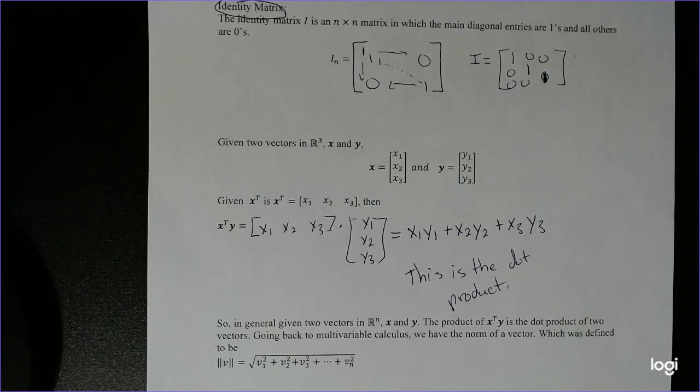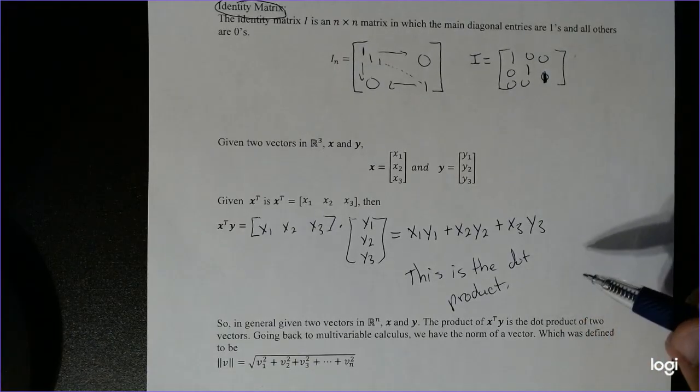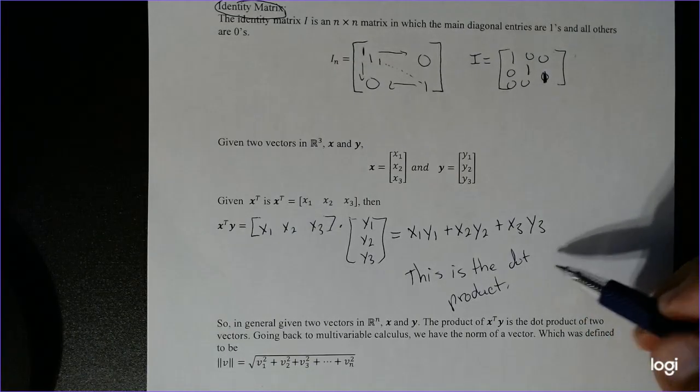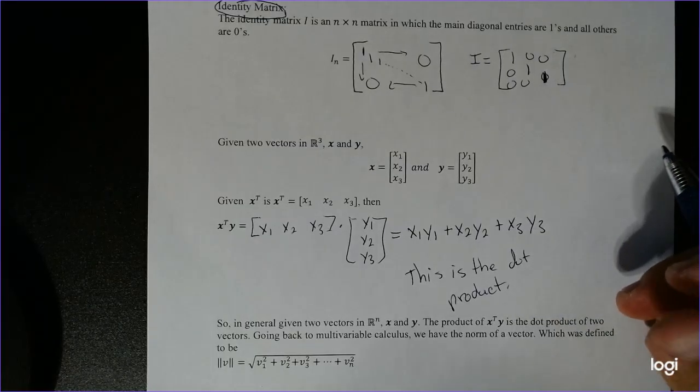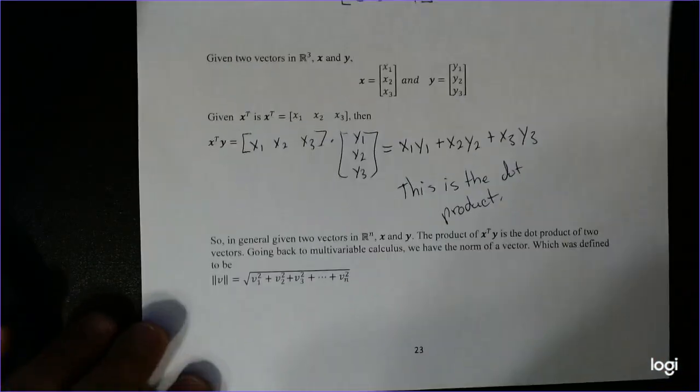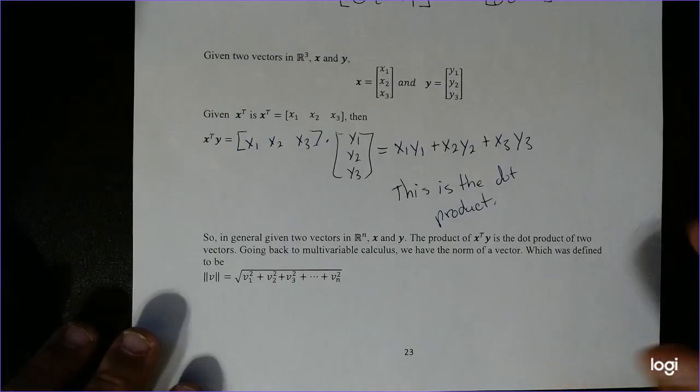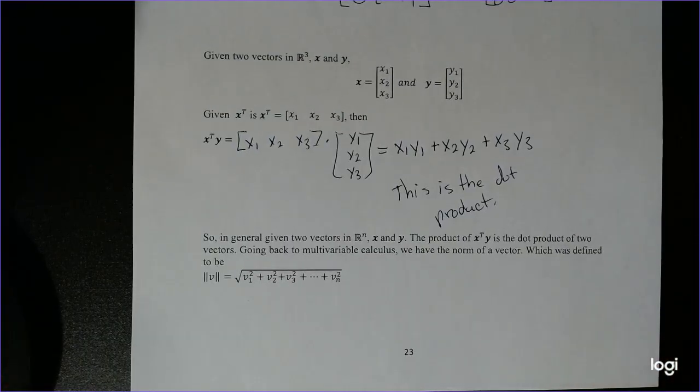So now what we can do with vectors, if we can find the dot product, we can do everything we did in multivariable calculus now with matrices to a certain extent, but for now just basic formats. And the main one we can do the most of is the norm of a vector, or length of vectors.